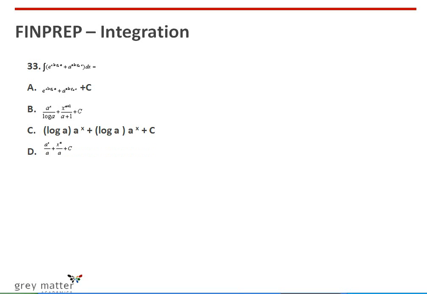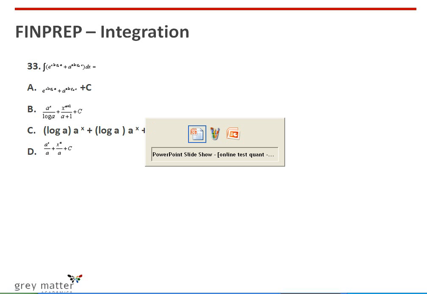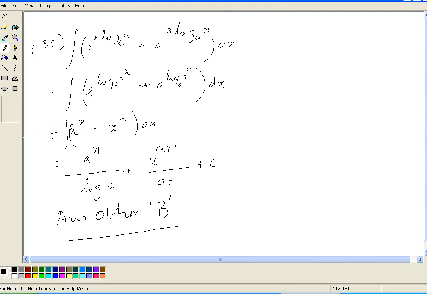33rd problem, integral e power x log a to the base e plus a power a log x to the base a dx. Now that can be rewritten. Going back to our work area, this original function can be rewritten as e power log a power x to the base e plus a power log x to the power a to the base a dx, which is nothing but a power x itself, since e power log a power x to the base e is a power x.